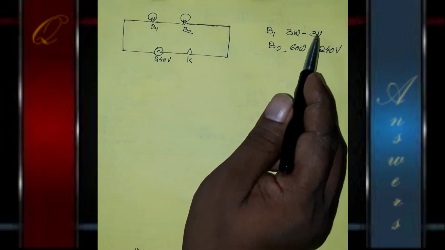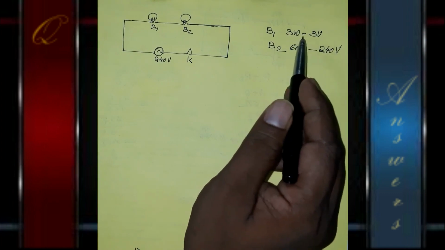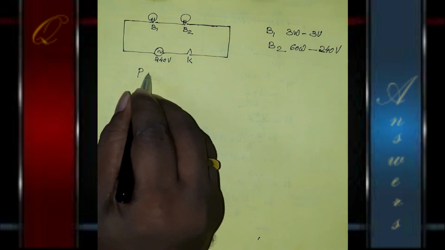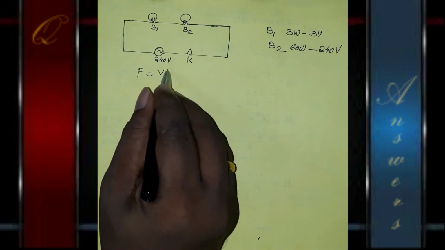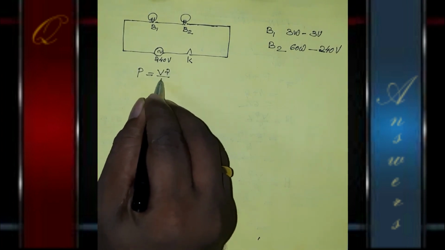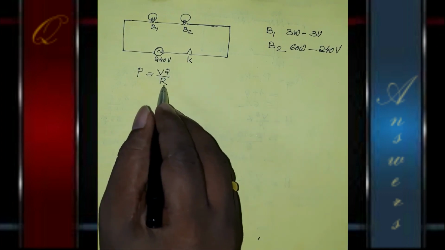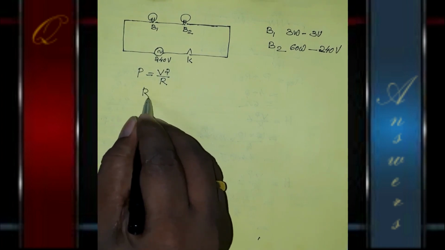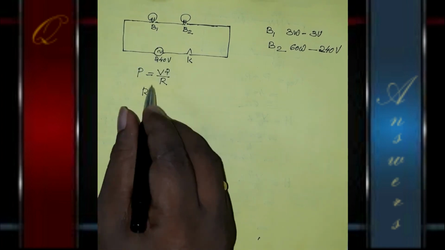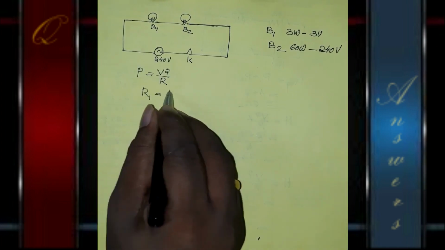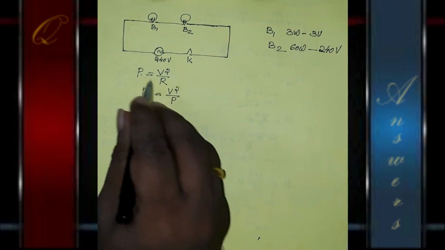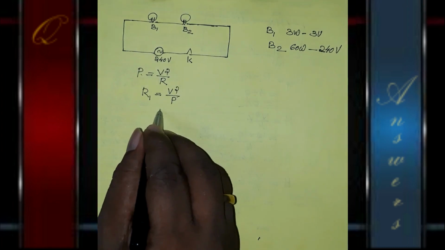This is power and this is voltage, which are related by an equation. You know the equation, the rated power of any device is given by P is equal to V squared by R, from which you may find out R. R for the first bulb, R1, is equal to V squared divided by P. What is V?